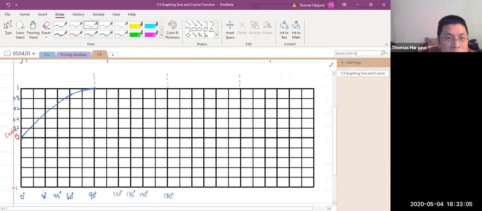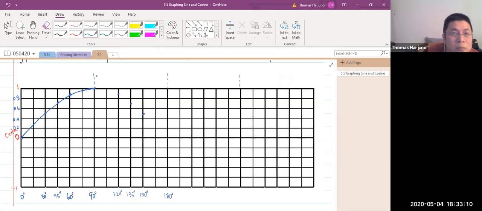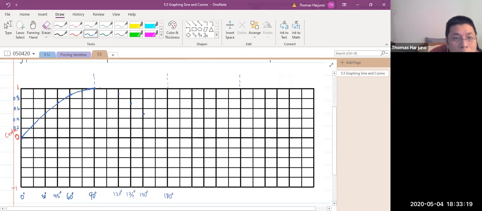It's here, it's here, it's here, it's here. That's for the second quadrant. For the third quadrant, it will be 210 degrees, 225, 240 degrees, and the quadrantal angle 270 degrees. That will be the negative part.